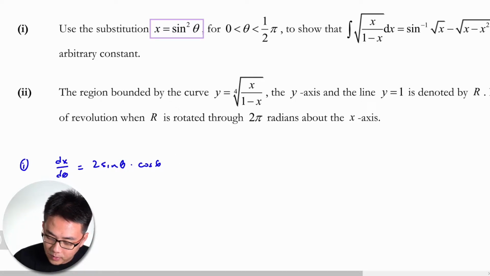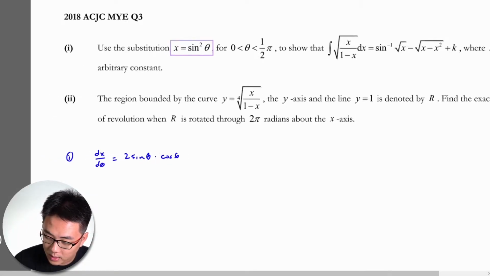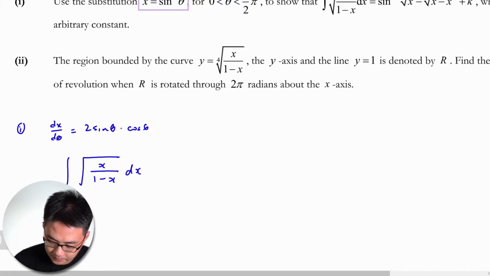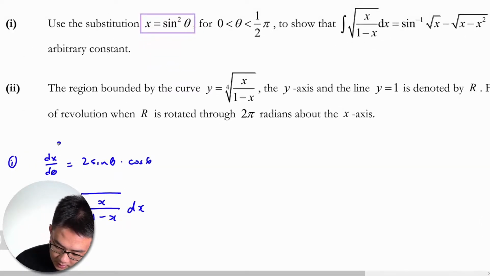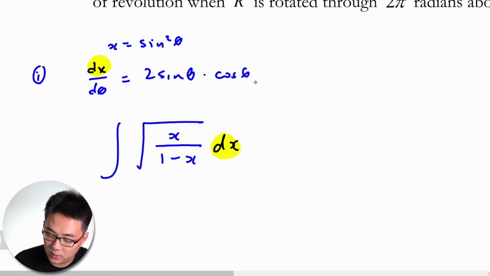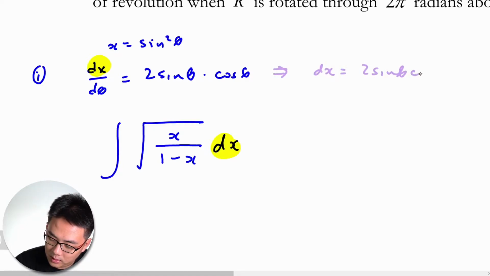So in other words, this part here, square root x over 1 minus x dx, is where x equals sine square theta. So you could replace your dx as 2 sine theta cos theta d theta.